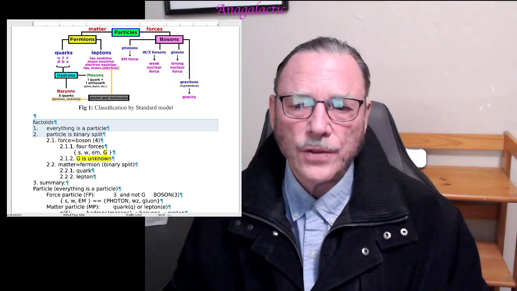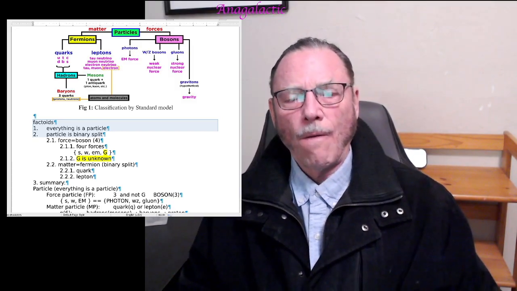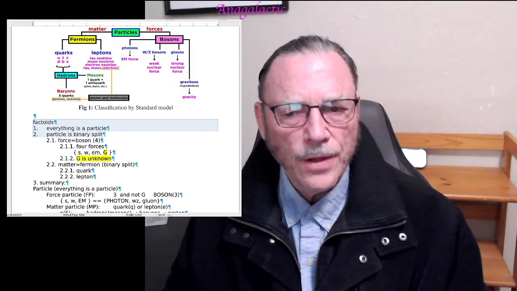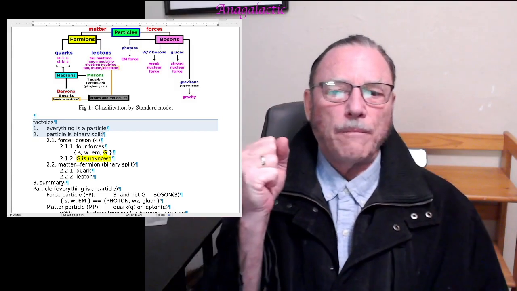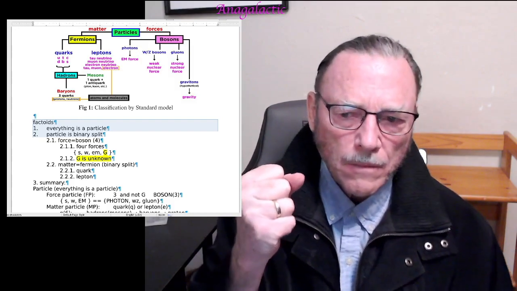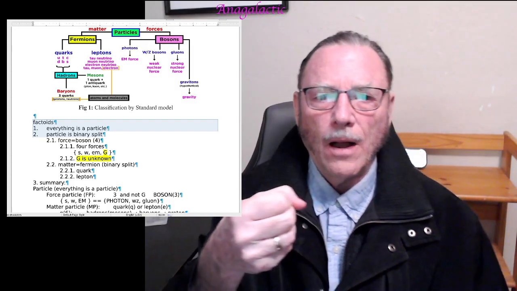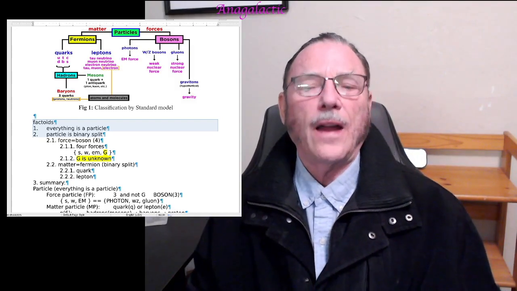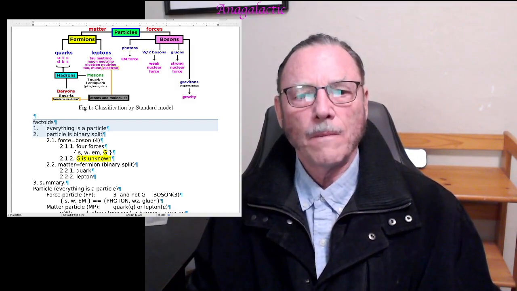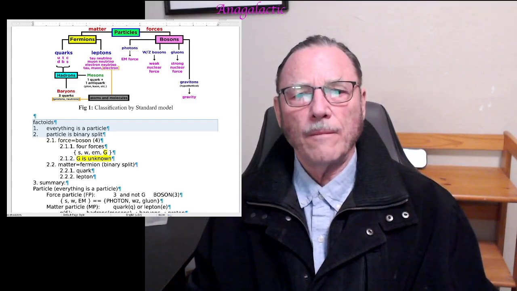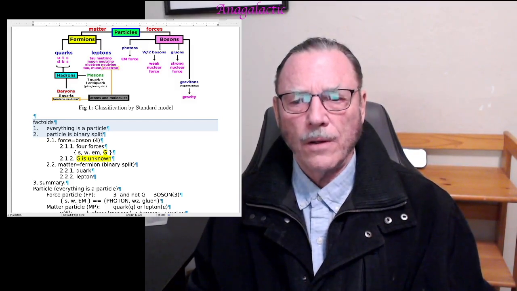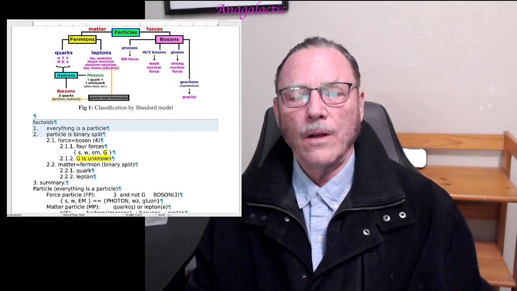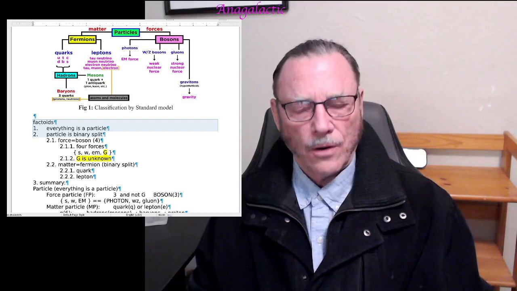So right at the outset, the model is wrong. Not everything is a particle. But you see, this gives us an incredibly powerful grip on what the model is. It starts out by denying its legitimacy. To begin by saying that everything is a particle makes it wrong. And everything to follow is absolutely incorrect.